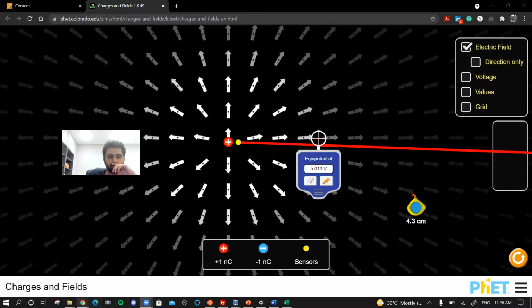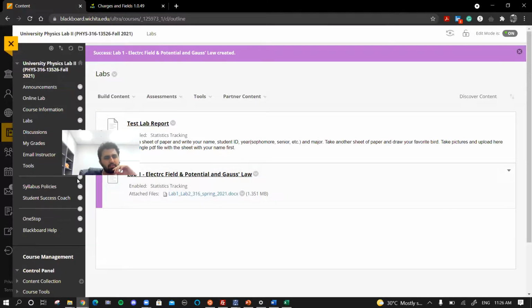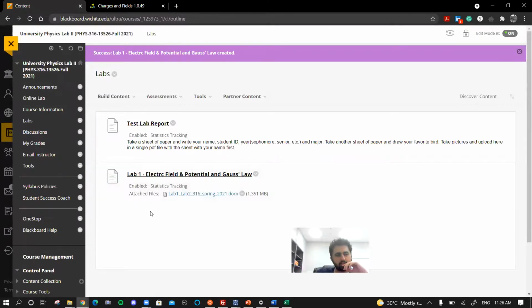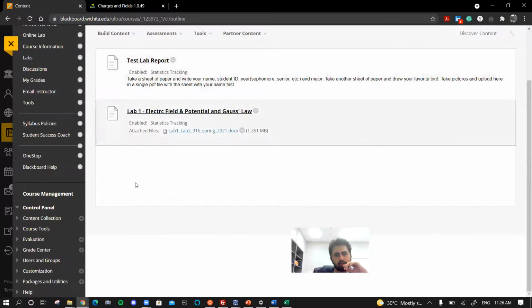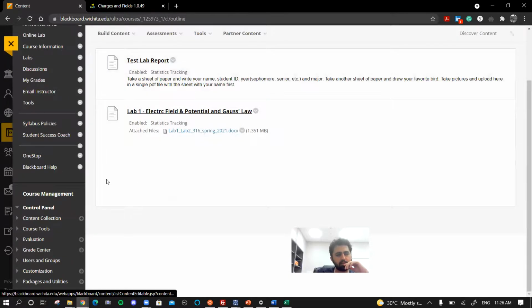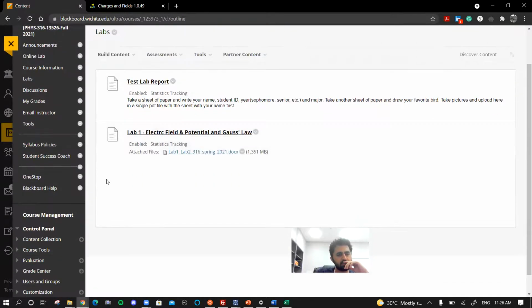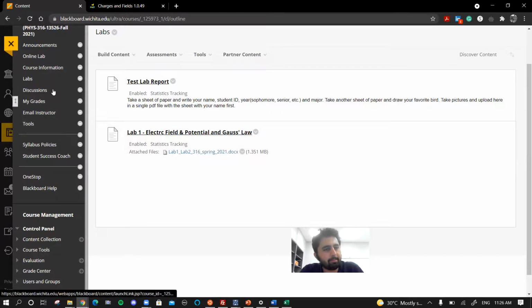Again, let me share my screen. So yeah, lab 1 is here. I don't like this interface. I'm sorry, this takes some getting used to.